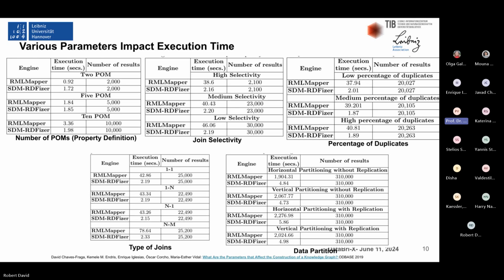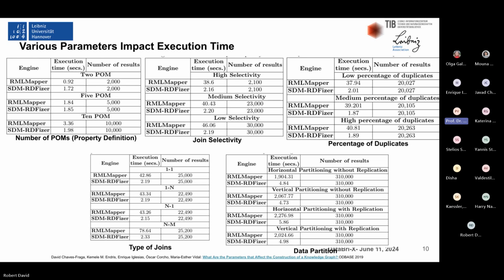In a paper that we presented some years ago, a fact is that there is no best engine. It happens that under different conditions, the different engines perform differently. So there are many challenges that need to be addressed in order to guarantee that these engines are able to scale up to real scenarios.